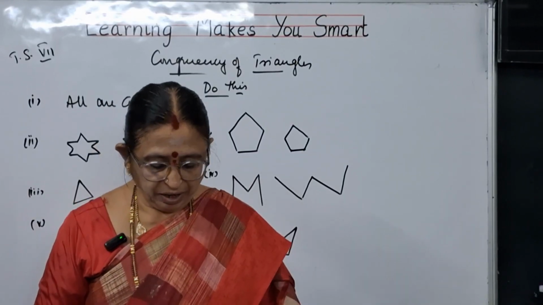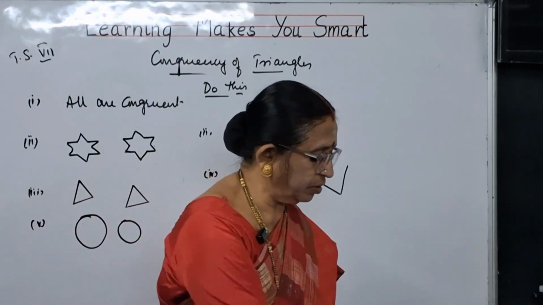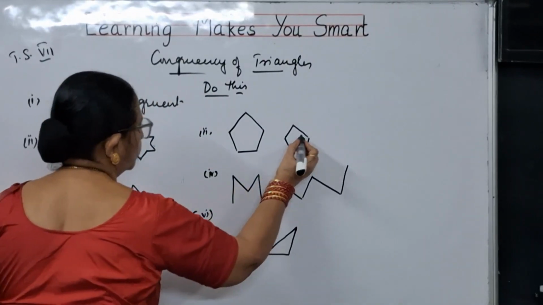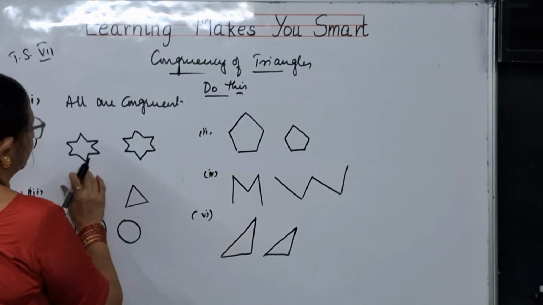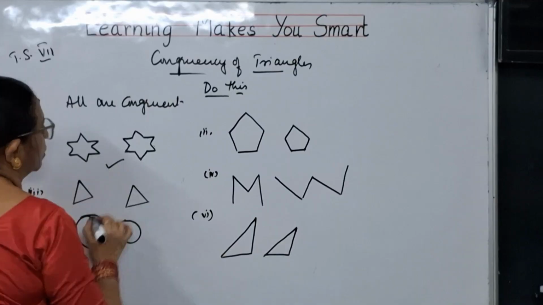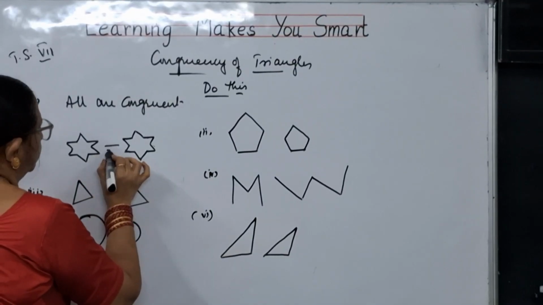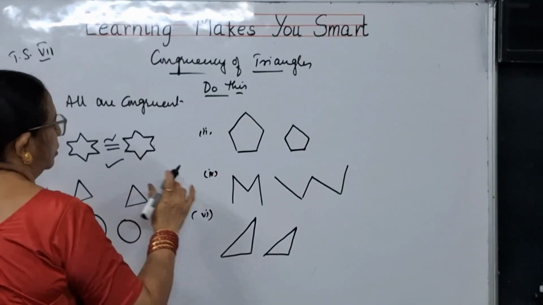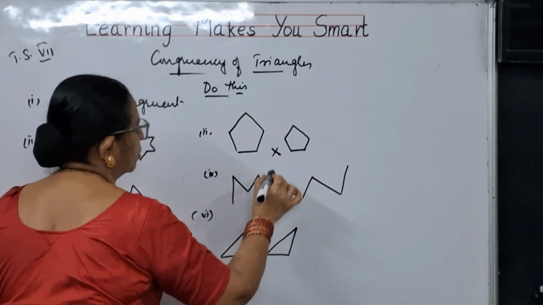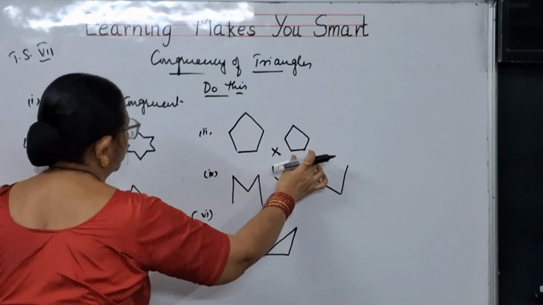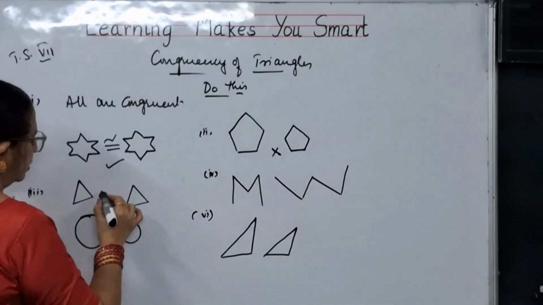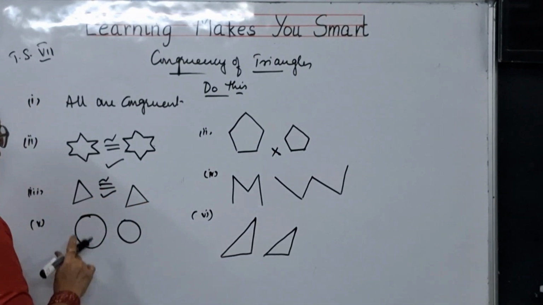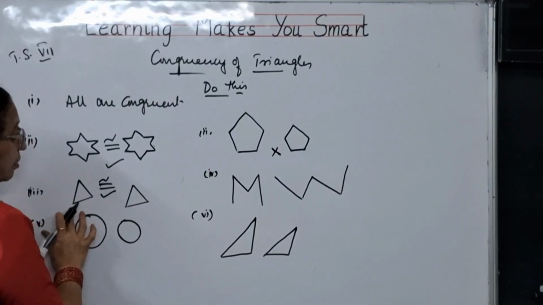And second one, which of the following pair of figures are congruent? See, I have tried my level best to draw the figures, children. The first one, they are congruent because they are of same size and shape. But these are not congruent because one is big, one is small. Here, these two are congruent because these two are same.